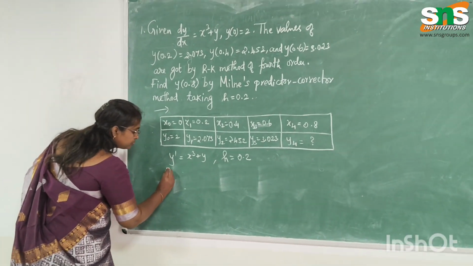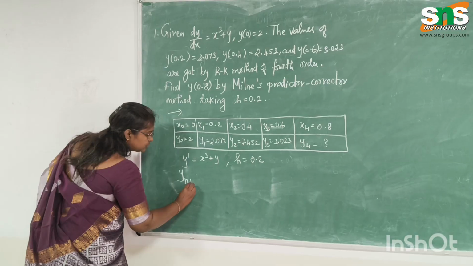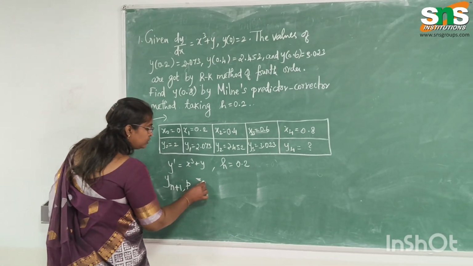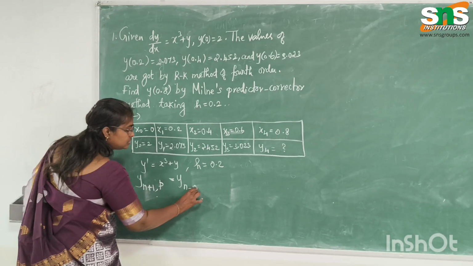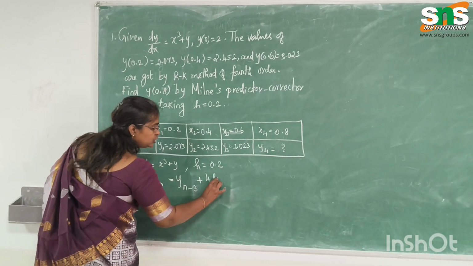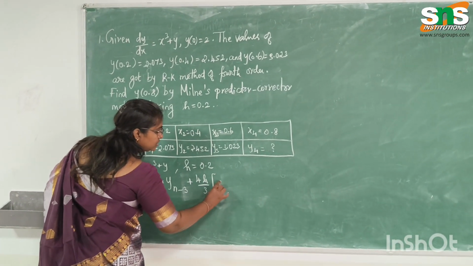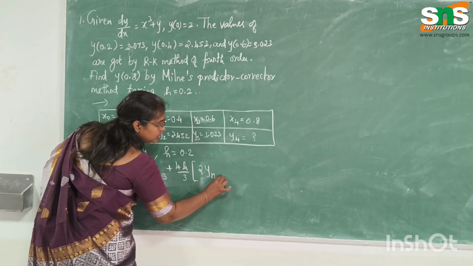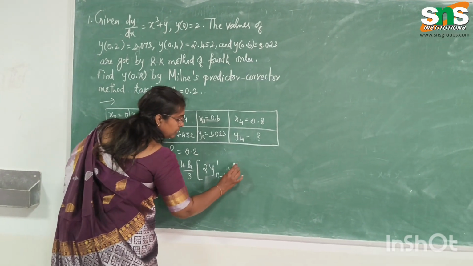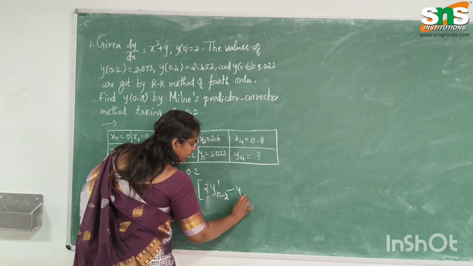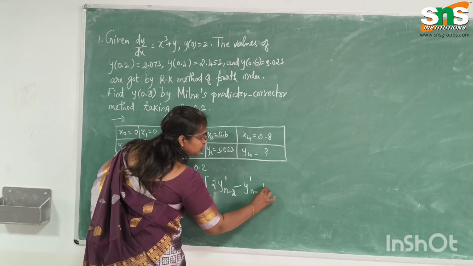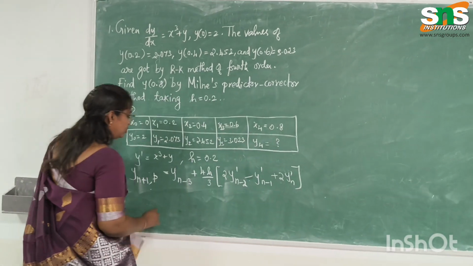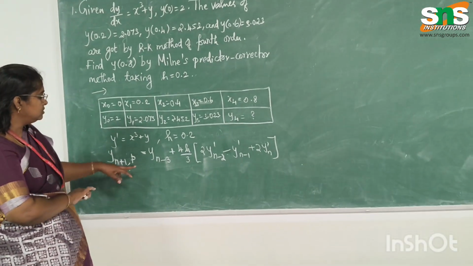First, y(n+1),p, the predictor formula, is equal to y(n-3) plus 4h divided by 3 times [2 y'(n-2) minus y'(n-1) plus 2 y'(n)].